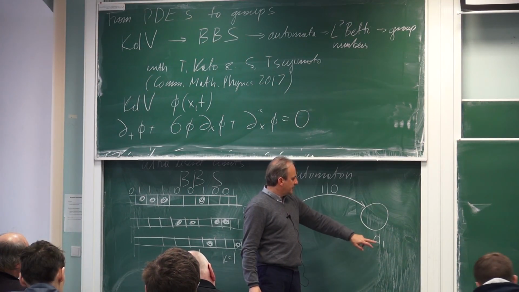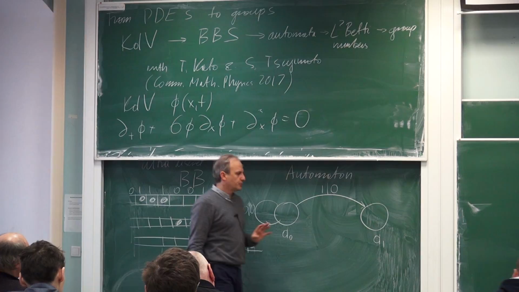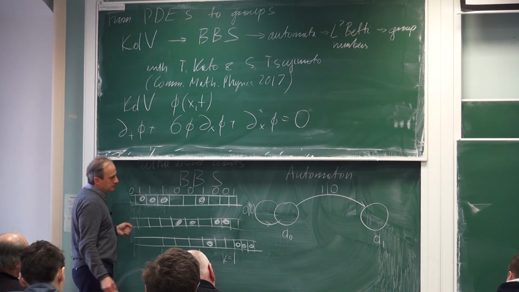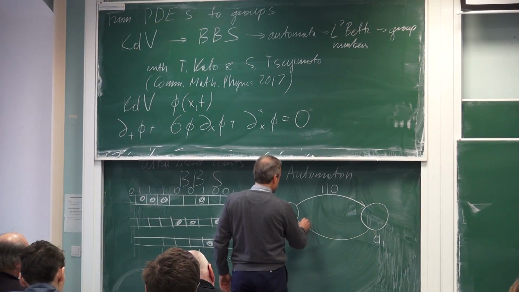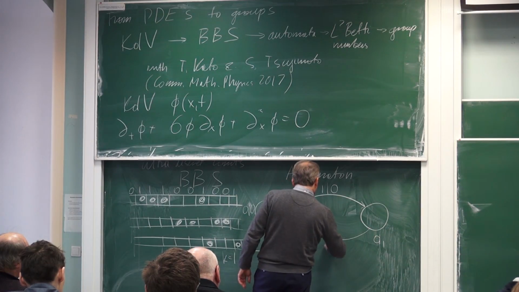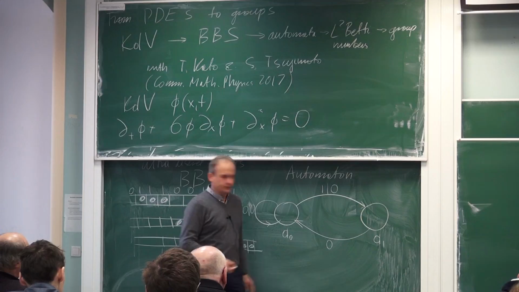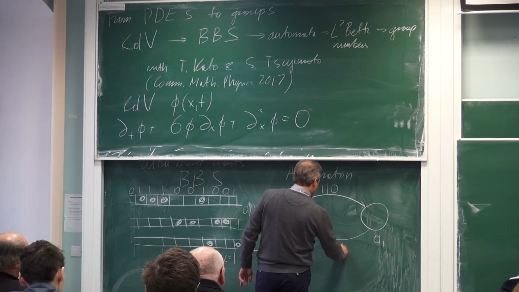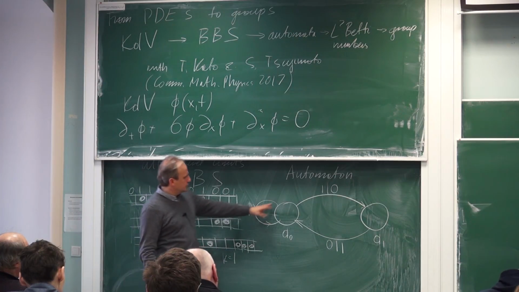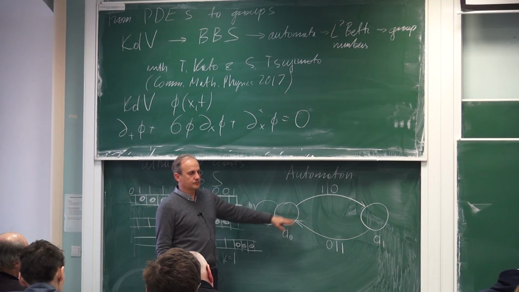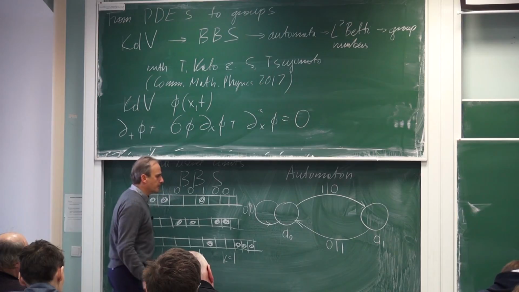If we are at the state A1, so we hold one ball, and we see an empty box, so the input is 0, we drop this ball. So the output is 1, and we dropped the only ball we had. So we go to the state A0.